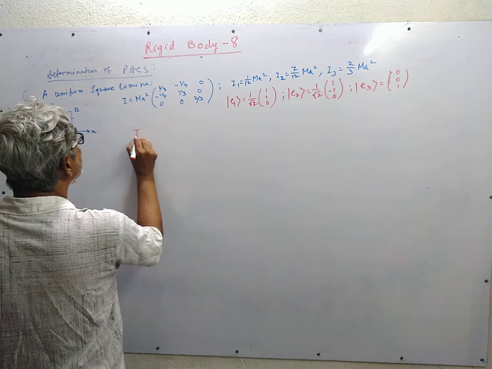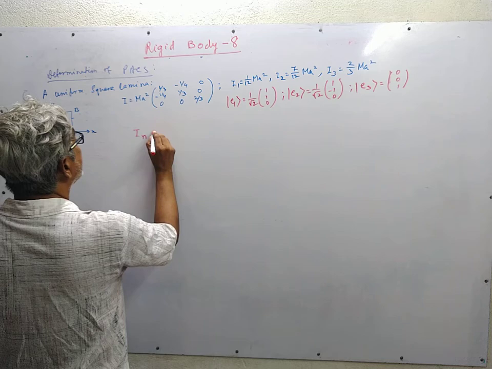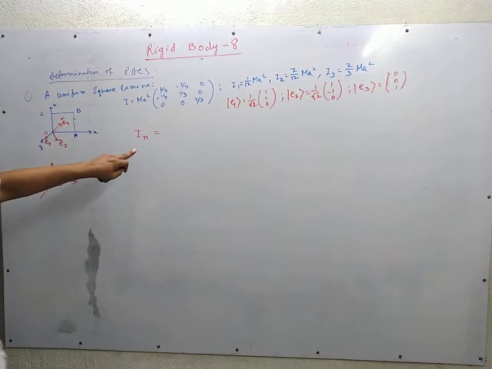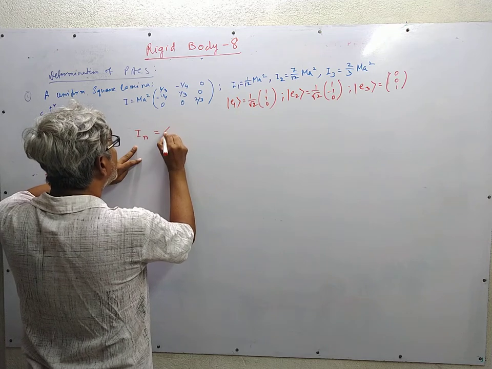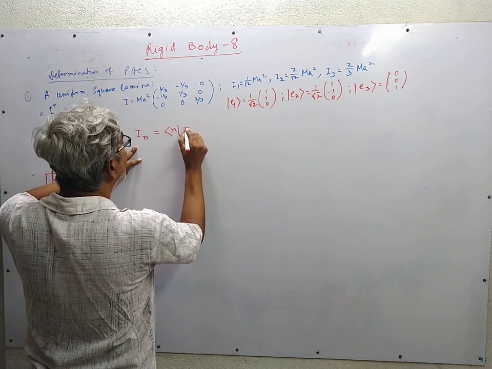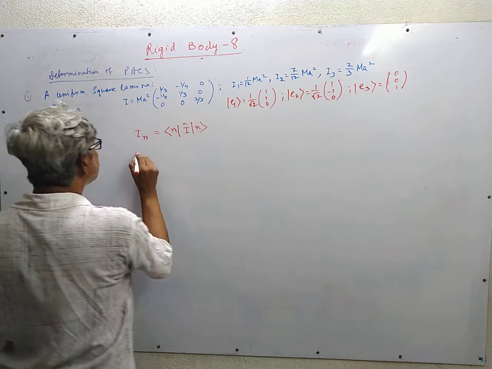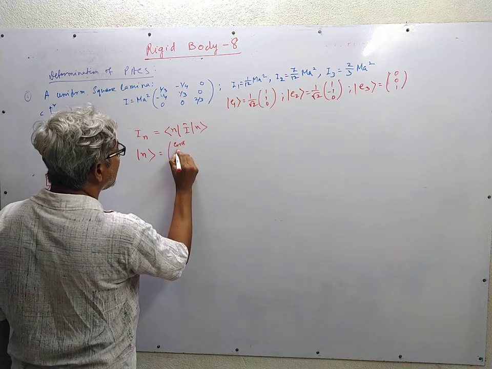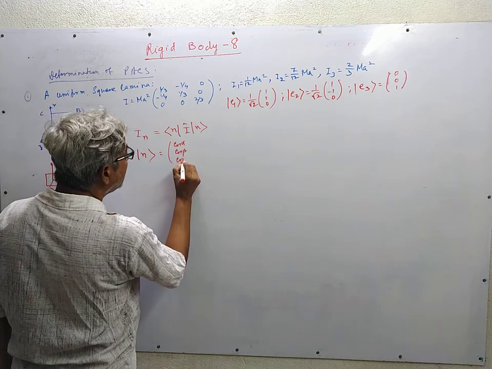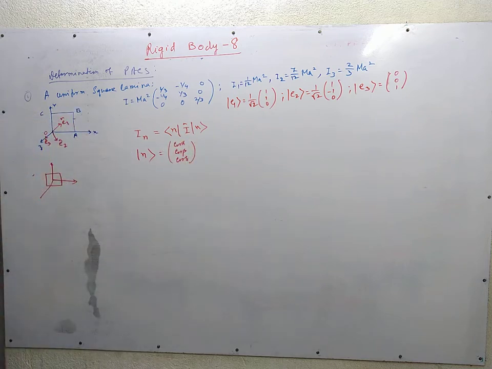So if we want the moment of inertia about an axis characterized by a unit vector n, it is bra n, moment of inertia, ket n, where this ket n is cos alpha, cos beta, cos gamma, that is, the direction cosines of the axis n cap.